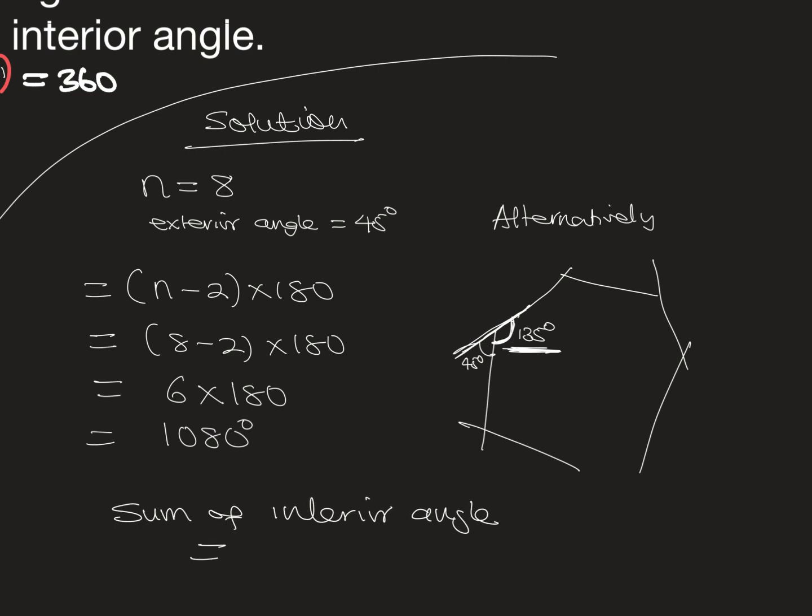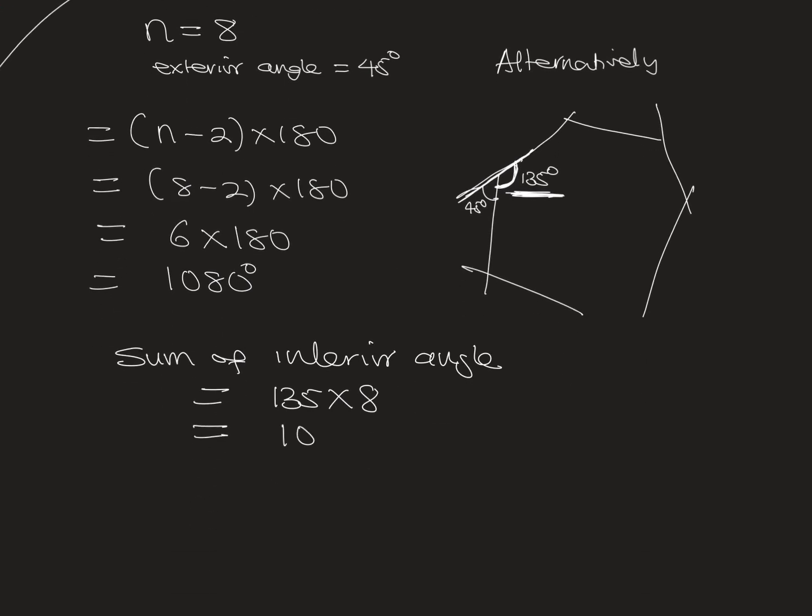It will be 135 multiplied by 8, because it is 8 sides. So 135 multiplied by 8 will be 1080 degrees. So alternatively, you can solve it this way as well.